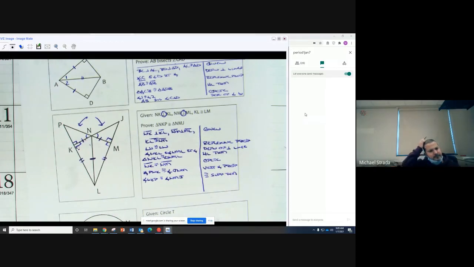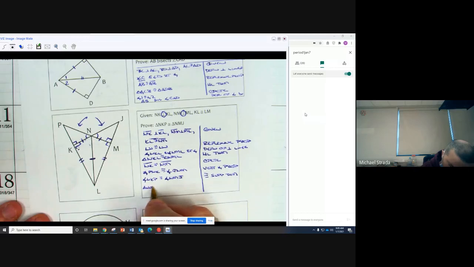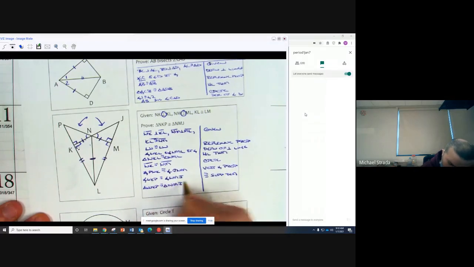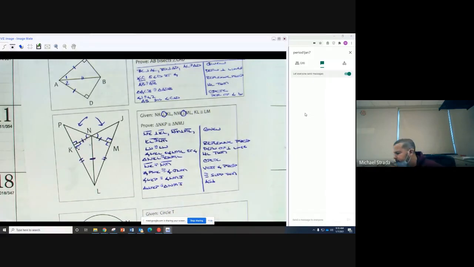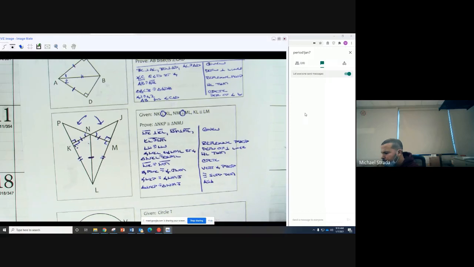All right. And I can then say triangle NKP is congruent to triangle NMJ by angle, side, angle. Any issues with anything at all?